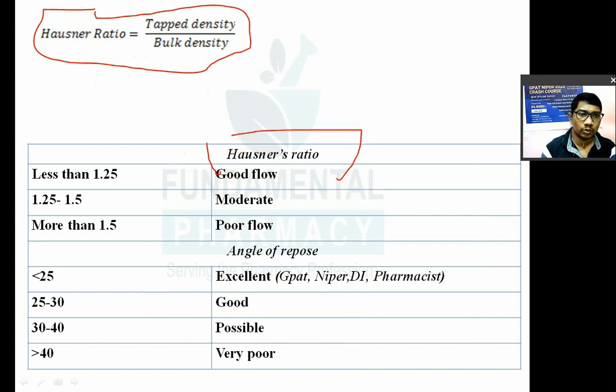If Hausner's ratio of a powder is less than 1.25, that indicates the good flow of powder. If Hausner's ratio of powder is between 1.25 to 1.5, it is a moderate flowing. If Hausner's ratio is more than 1.5, it means poor flowing of powder.